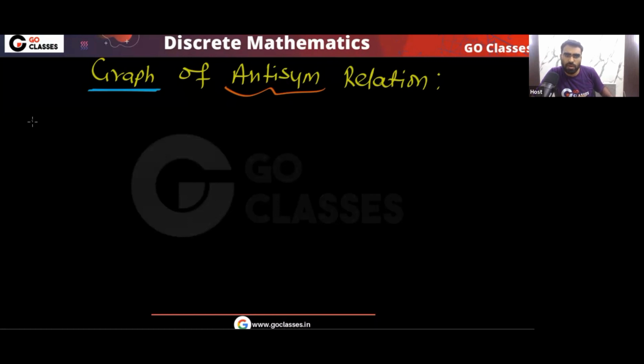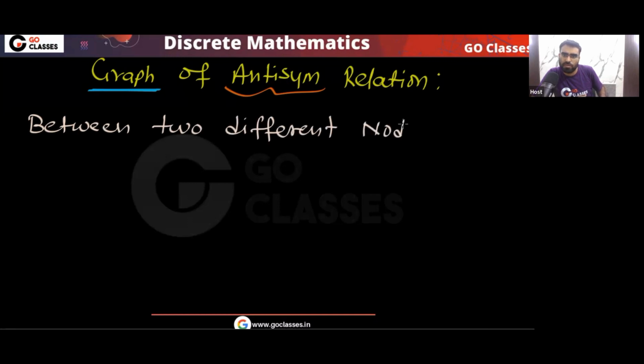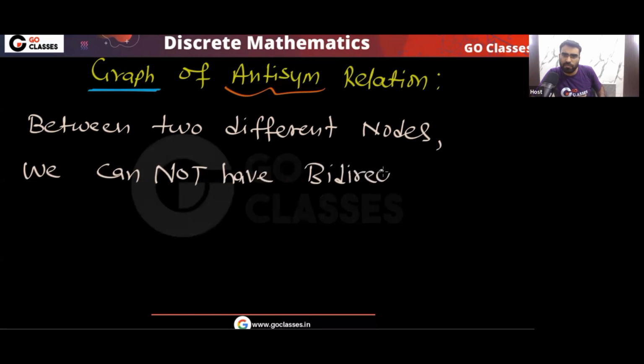Yes or no? So the simple point is that between two different nodes, we cannot have bidirectional edges.